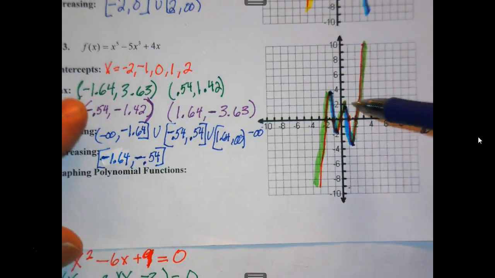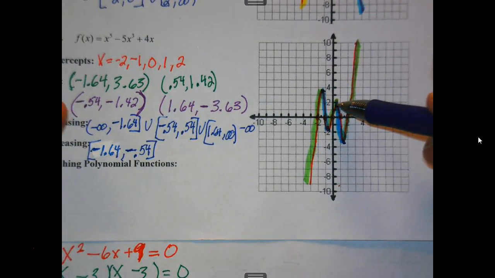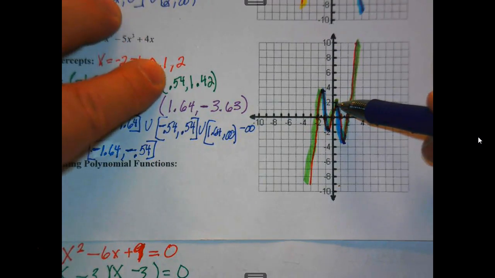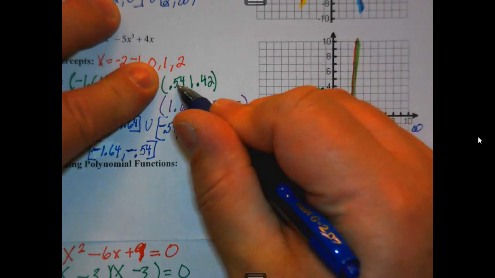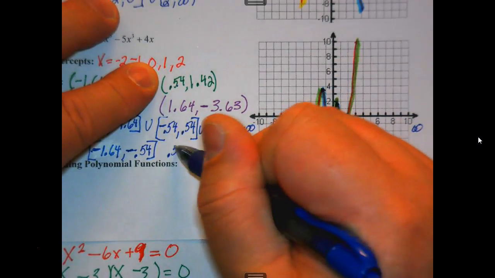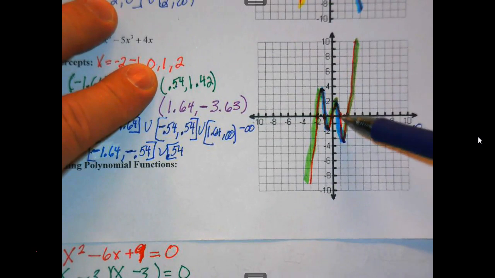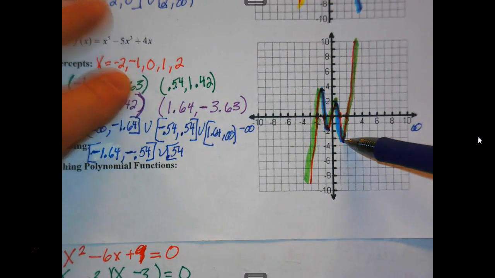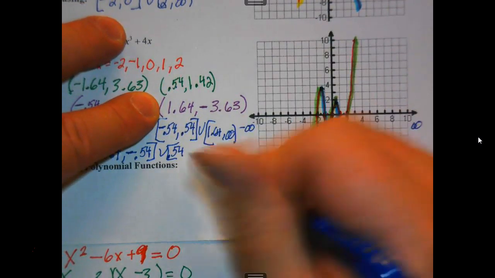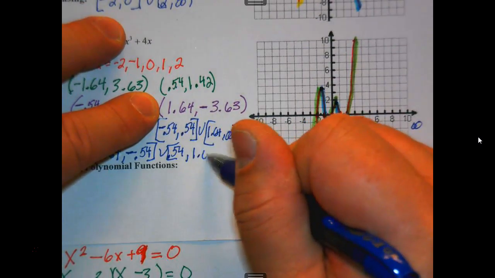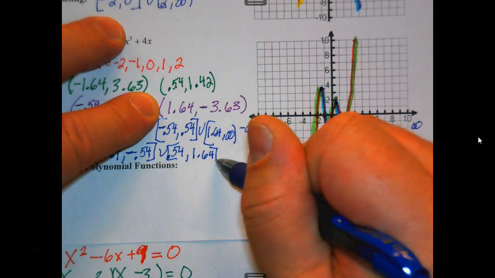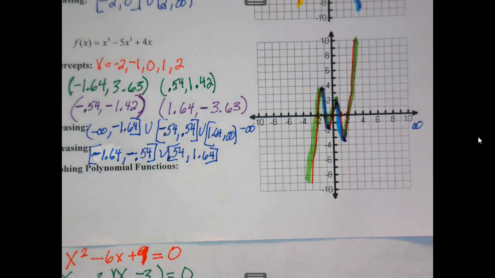Then it starts decreasing again at the x value of this maximum, which is 0.54. And then it stops decreasing at the x value of this minimum, which is 1.64.